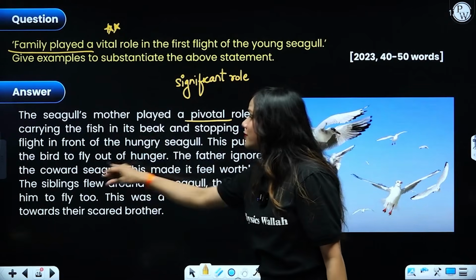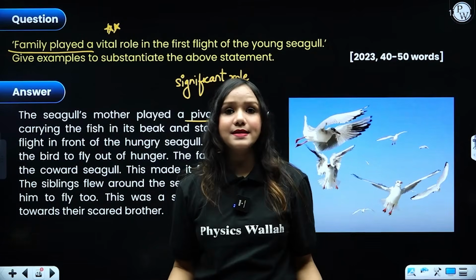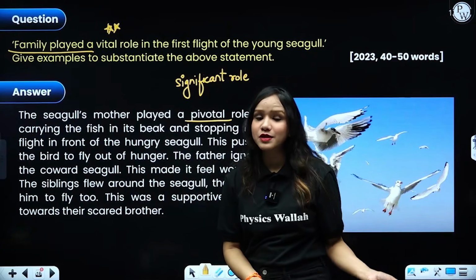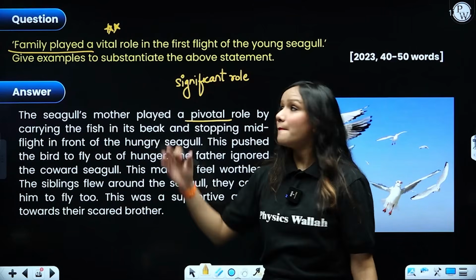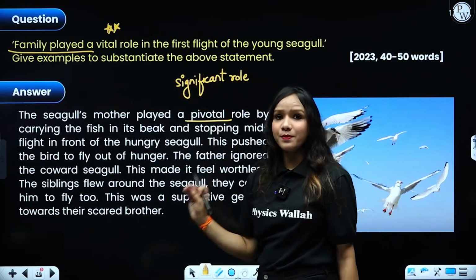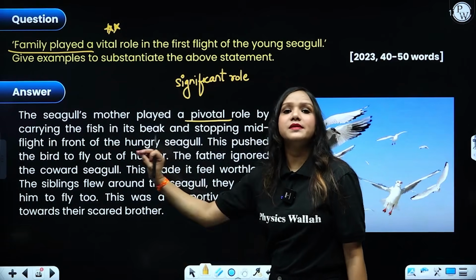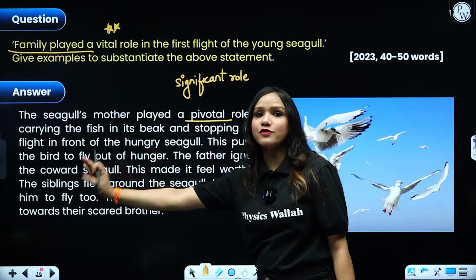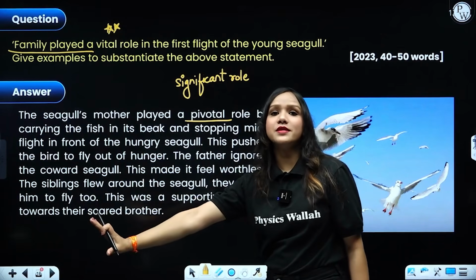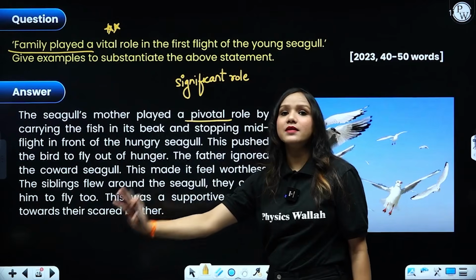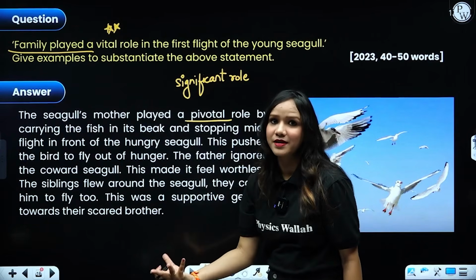This pushed the bird to fly out of hunger. This is the most important part of the entire lesson, how he was able to take his first flight, whether he got successful or not, and who played a major part. Mother played a very important role in making the baby seagull take his first successful flight. Had the mother not gone closer to the young seagull with that piece of fish inside her beak, he would not have taken that flight, right?